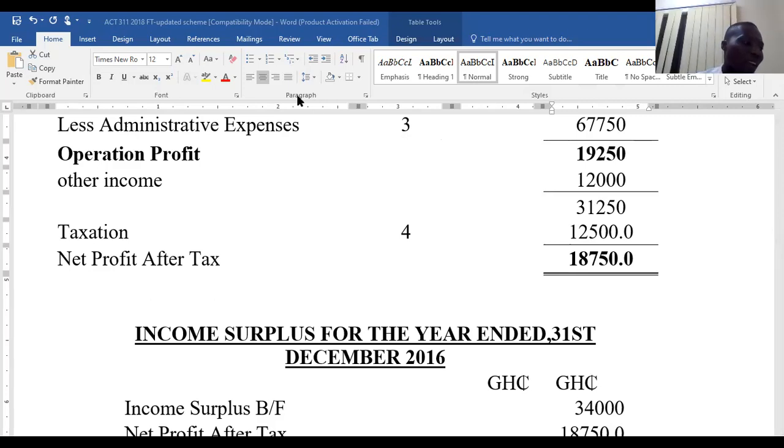56,200. So you subtract that from your current assets. You get negative.